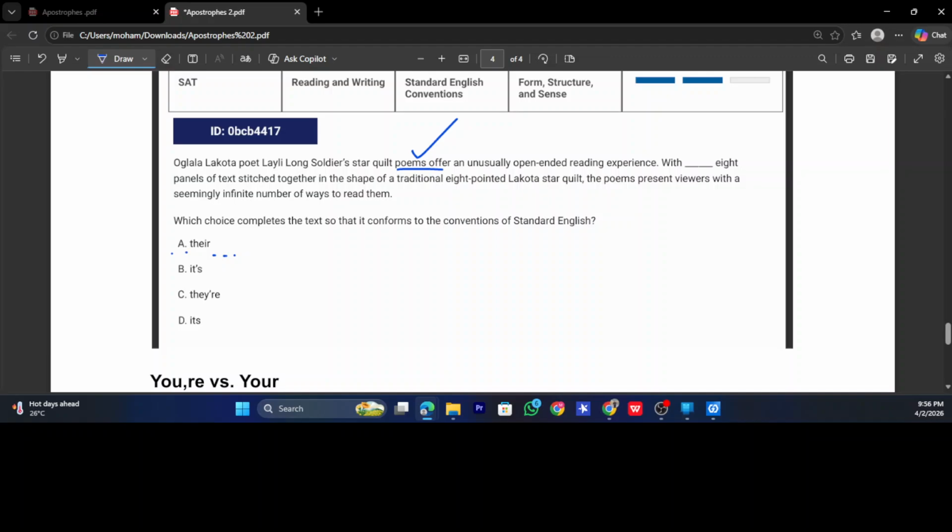The other option is incorrect because it's means it is or it has. We learned that already, so it is crossed out immediately.